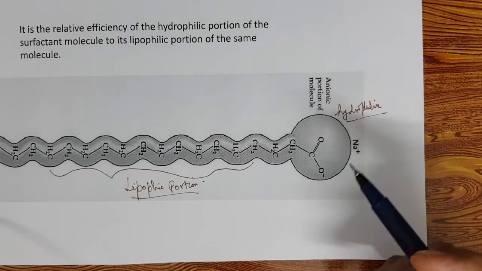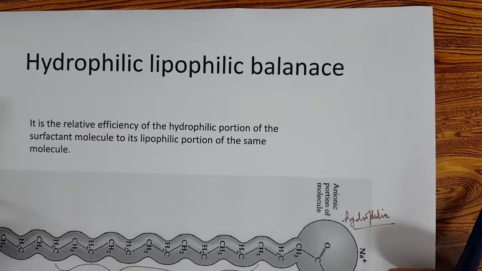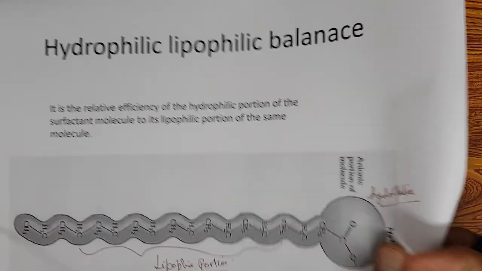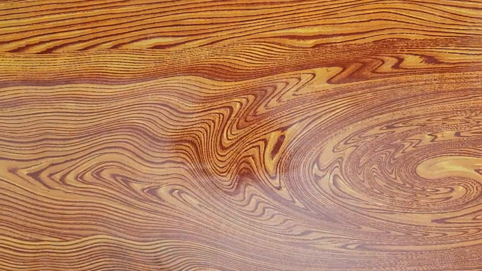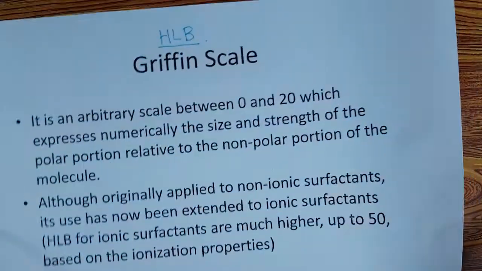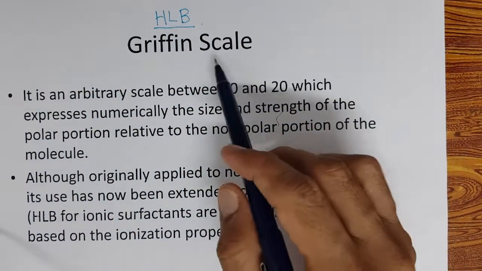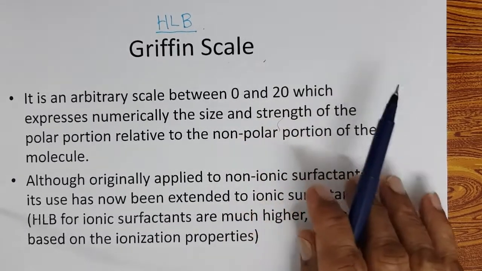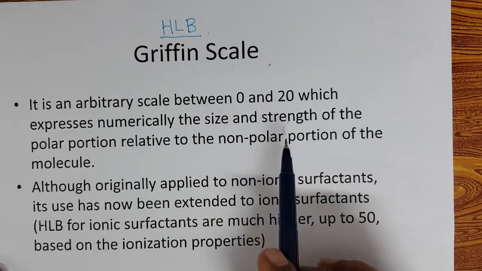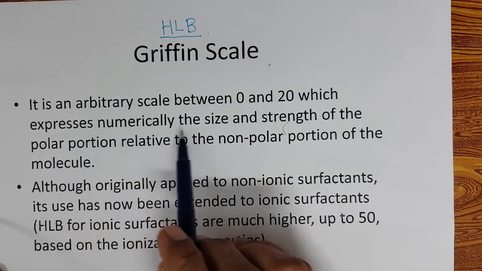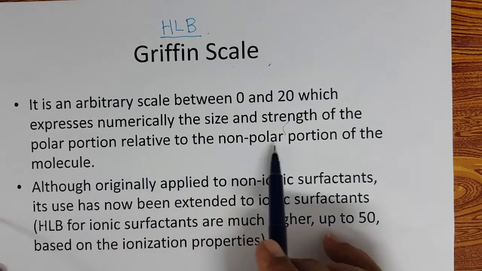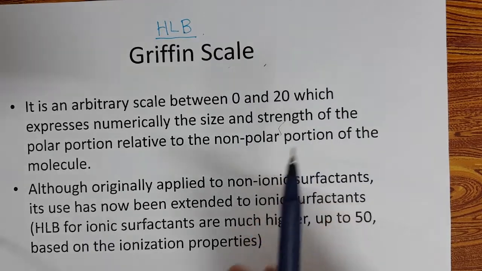Now, to just understand hydrophilic lipophilic, every emulsifier has two portions, one hydrophilic and the other lipophilic. Griffin formed a scale that is called the HLB scale, right? It is an arbitrary scale between 0 to 20, which expresses numerically the size and strength of the polar portion relative to the non-polar portion of the molecule.